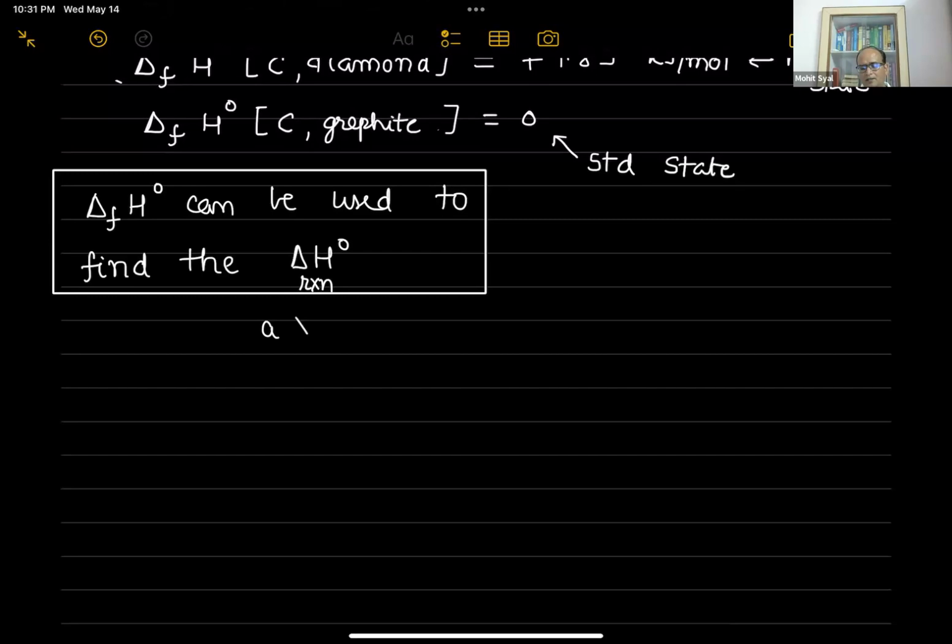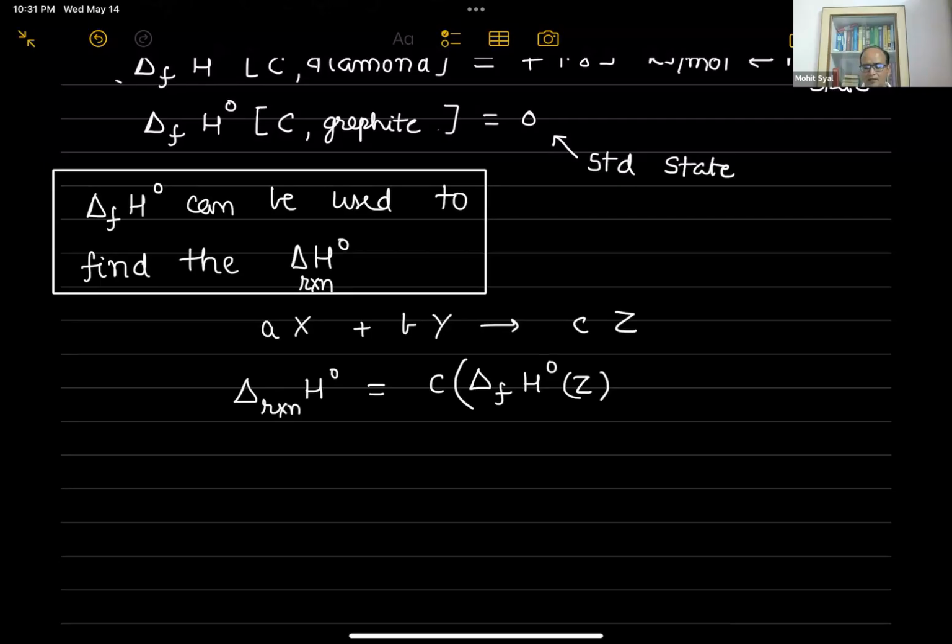Let's say, for example, you have A moles of X and B moles of Y giving you C moles of Z. The overall heat of reaction is going to be C times the sum of the enthalpy of formation of the products, Z, minus the sum of the enthalpy of formation of the reactants.